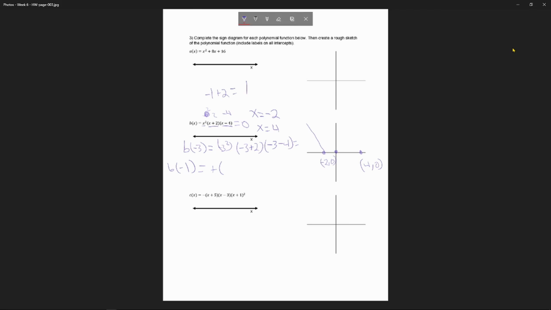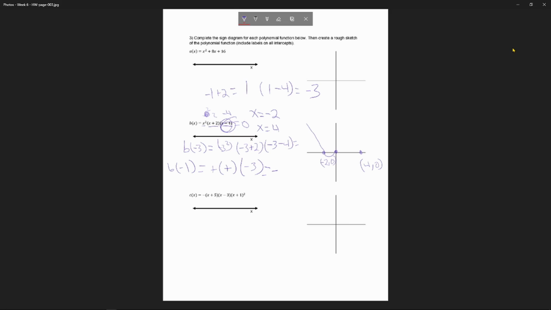That gives us positive 1, so this will also be a positive. And then if we plug in negative 1 into this x minus 4, we'll have negative 1 minus 4. That gives us negative 5, so this will be a negative. So if we multiply two positives times a negative, we're going to get a negative. So all the y values between negative 2 and 0 are going to be negative.